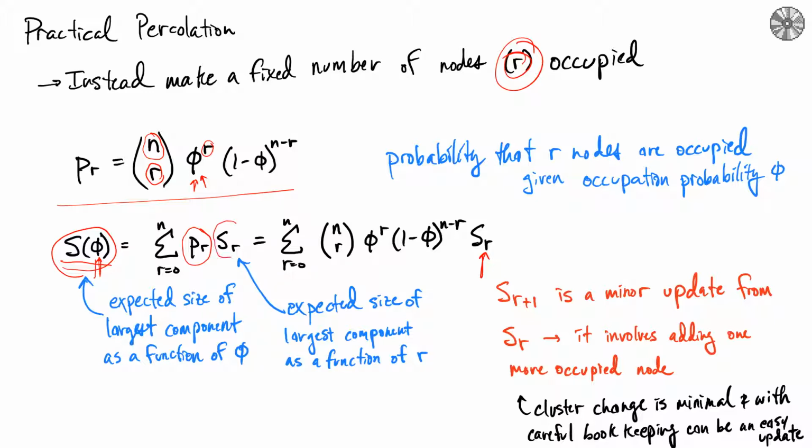S of R is something that we would measure through experiments, and once we substitute this in, we'd know S of R and this distribution, and so we would be able to calculate this S of phi. So then we'd be able to evaluate what is the largest size that we expect given a certain probability of occupation, not based on the number that we're counting.